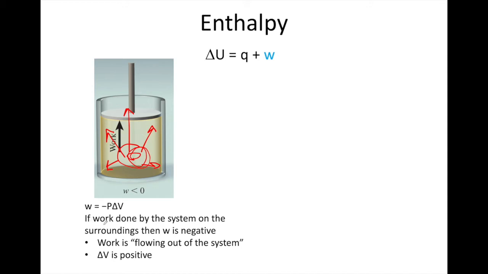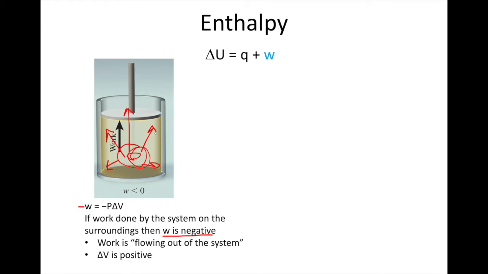So if work is being done by the system on the surroundings, then work is essentially flowing out. So we want to give the work a negative sign. Again, the negative W just indicates that work is flowing outwards, kind of like when heat is flowing outwards, we give Q a negative value. So if the volume is expanding or increasing, then work is being done by the system on the surroundings.